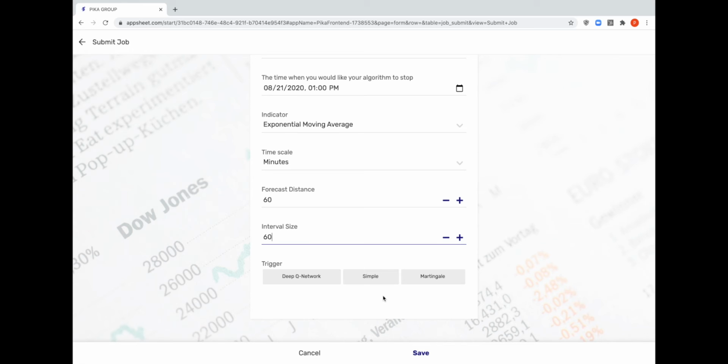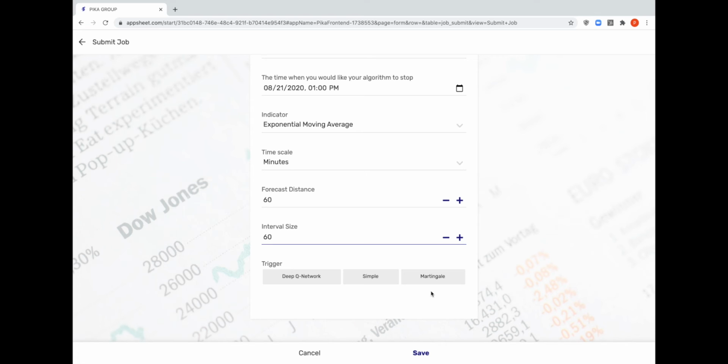The simple moving average is an if-else trigger where it states that if the forecast price is higher than the current closing price, then the stock will be purchased, and if it's lower than the closing price, then it will short sell. And the martingale strategy is a strategy which most are familiar with, where you double your position if you lose on a trade.